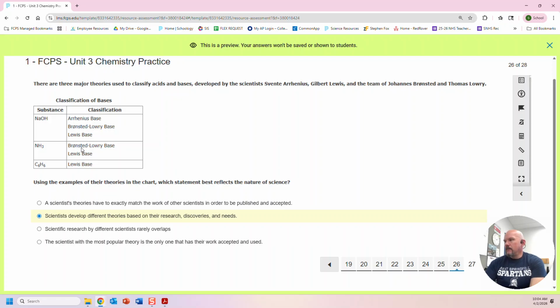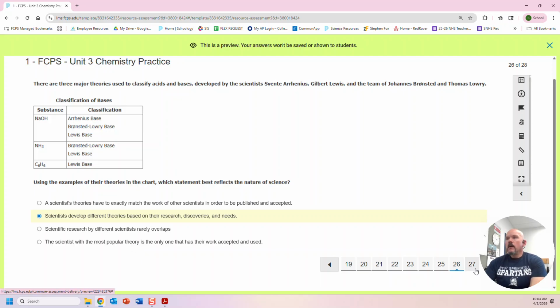This is showing how these things overlap, right? So it definitely overlaps. So that's not the right answer. We don't just use the theories that already match published works, or there wouldn't be new science, right? And then no, we can't just go with the most popular theory, right? We've got to go with the one that proves correct over and over again.